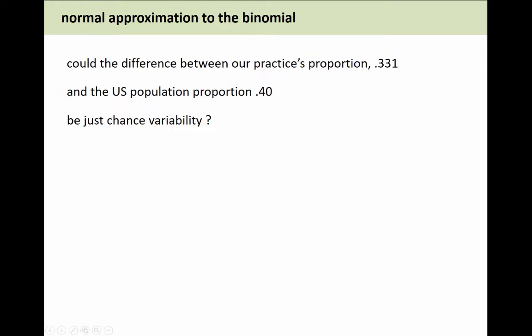So just to think about it, could the difference between our practice's proportion, which is about 0.331, and the U.S. population of 0.40 just be chance variability? Because after all, we've only got 248 women, so we wouldn't expect our proportion to be exactly 40%.